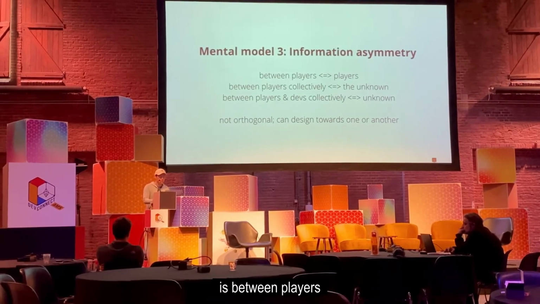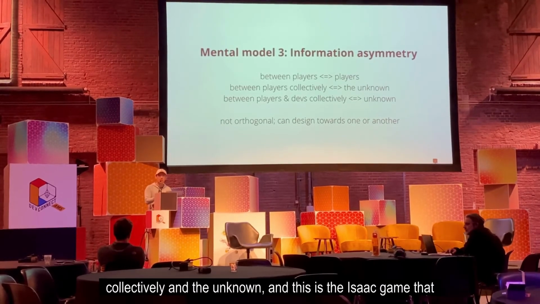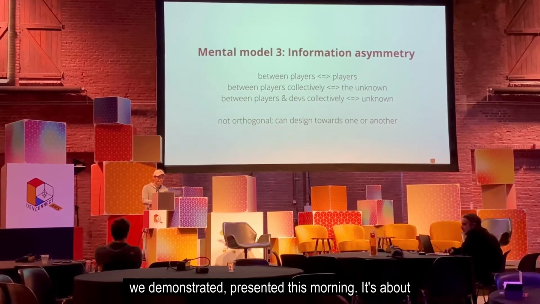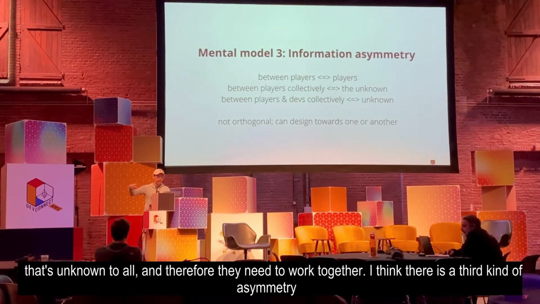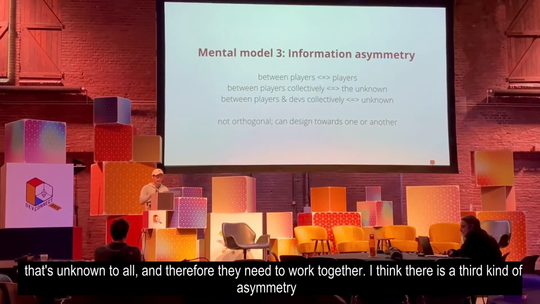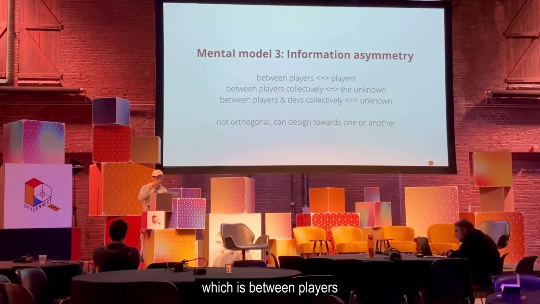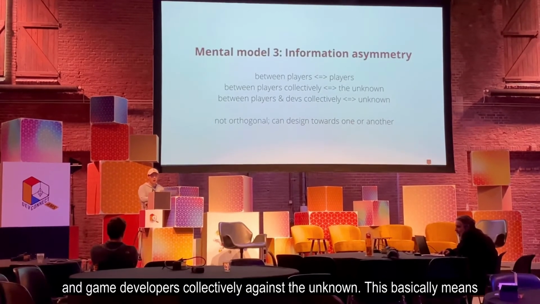Another kind of asymmetry is between players collectively and the unknown, and this is the Isaac game that we presented this morning. It's about players working together against something that's unknown to all, and therefore they need to work together. I think there is a third kind of asymmetry that is very strong and thus far unexplored, which is between players and game devs collectively against the unknown.